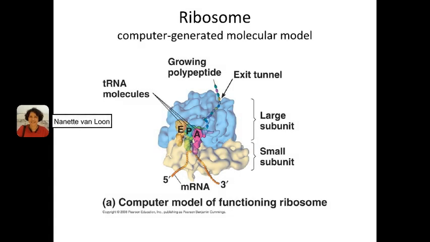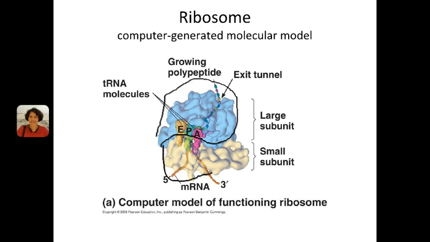A sort of realistic view of the shape of a ribosome. It has a large subunit, which is shown in blue, and a small subunit in beige. And then the messenger RNA is shown as these yellow beads over here. The messenger RNA is basically interacting at the interface of the two subunits.